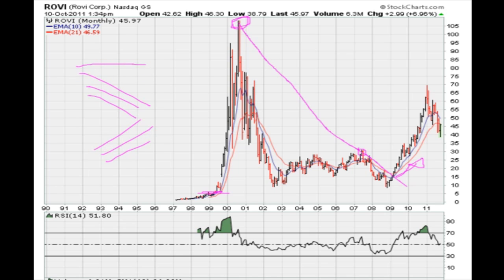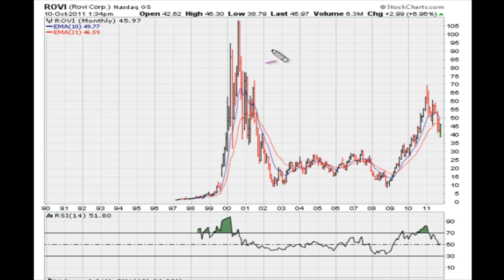Trend lines can also be straight, because a stock could be trying to move out of a range, then finally breaks out. So this is still a trend line. It doesn't matter whether it's straight, flat, or diagonal, it's a trend line. And here you see it broke out right there in the middle of 1999 from about $5 all the way to 105. Huge move. But remember, that was 2000 and everything was crazy back then.